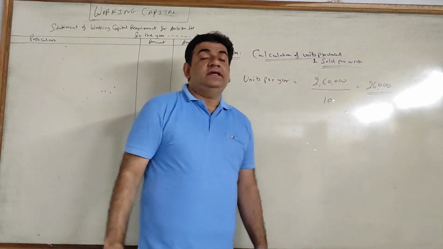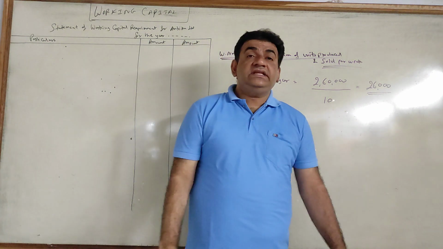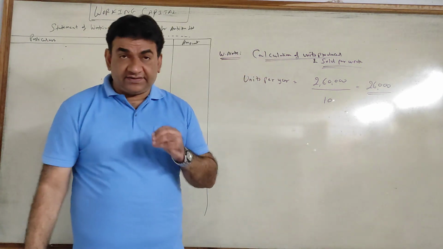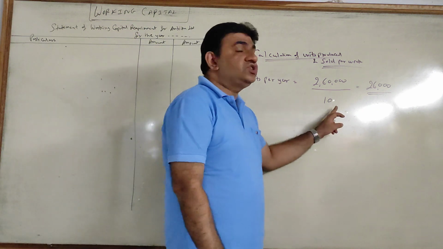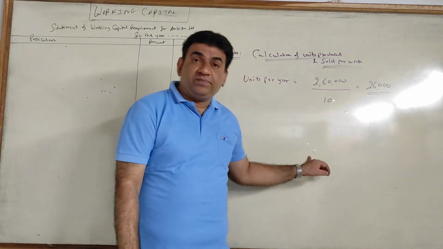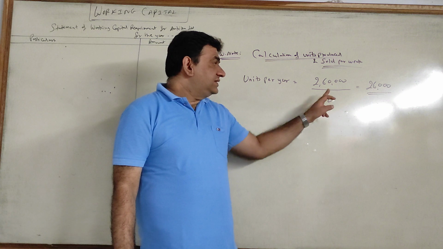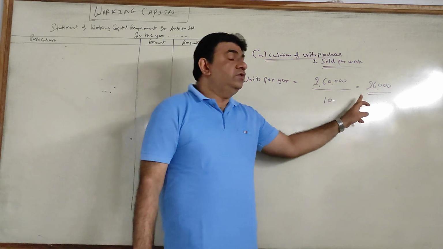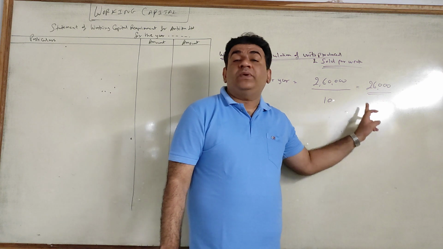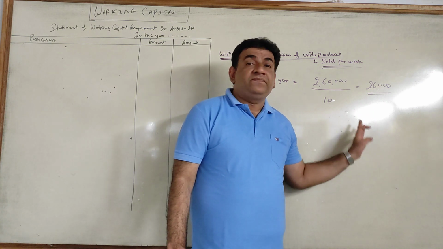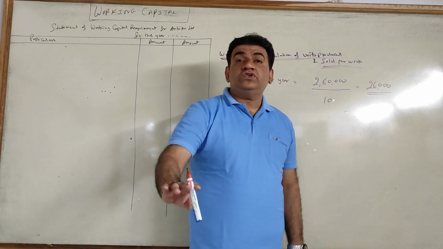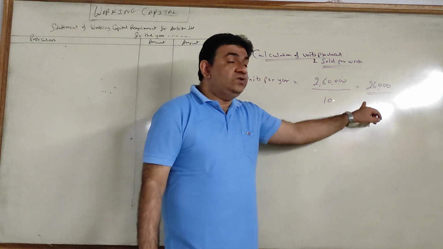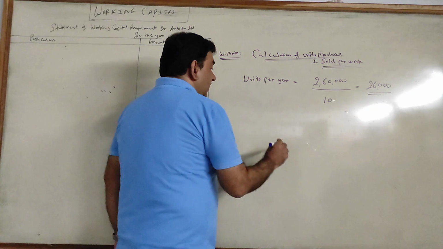I'll repeat again. 2,60,000 is my total sales in rupees for the entire year. Each unit is sold for 10 rupees. So 2,60,000 divided by 10, my units for the full year become 26,000. Now, what was the common word? Common word was weeks. This is the units per year. So now what do I do?